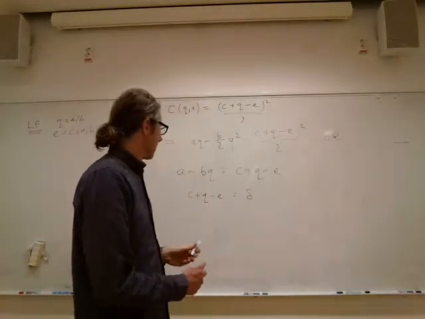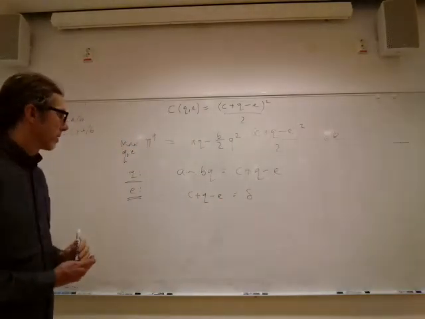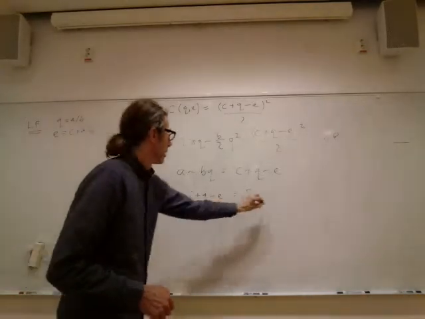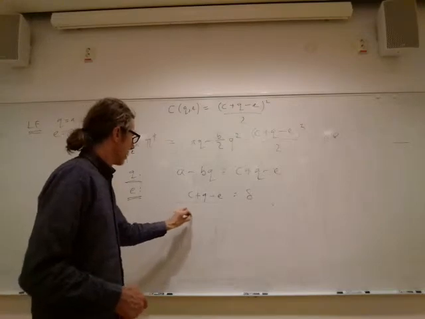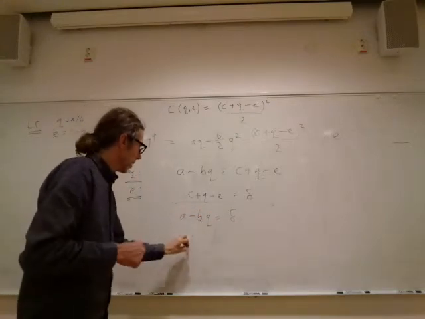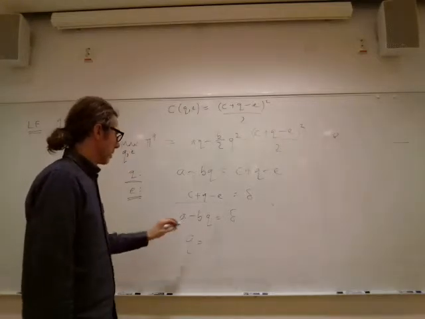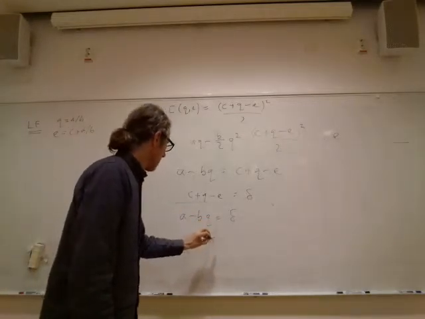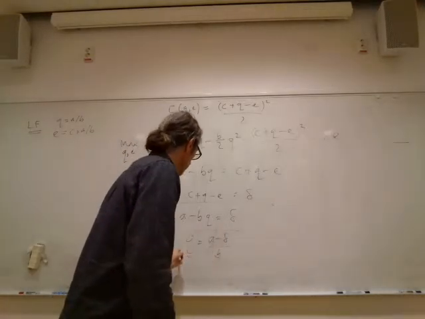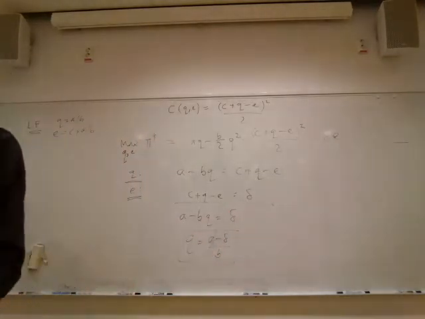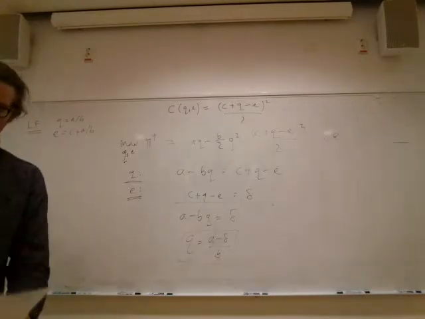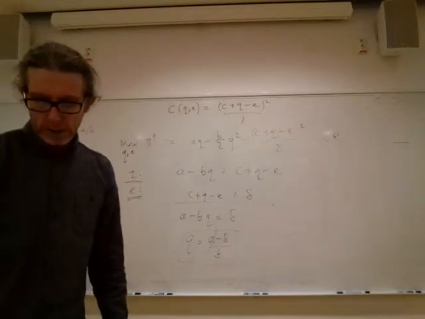So now we have that C plus Q minus E is equal to delta. So putting these together, A minus BQ equals delta. Q is A minus delta over B. Let me check my crib sheet. It's looking good.